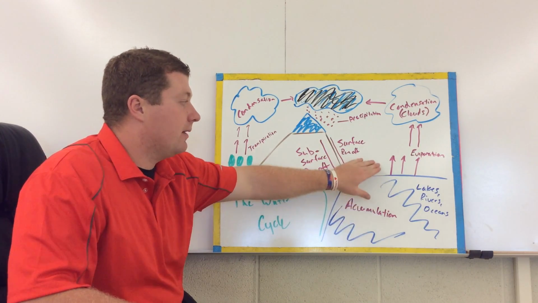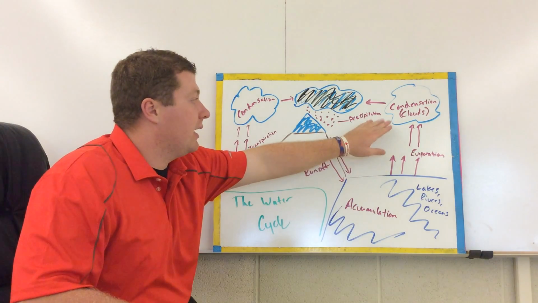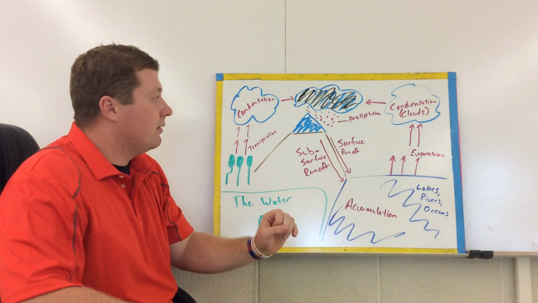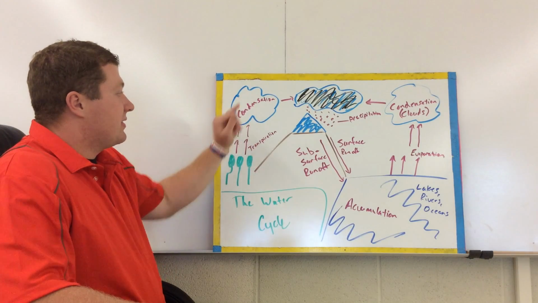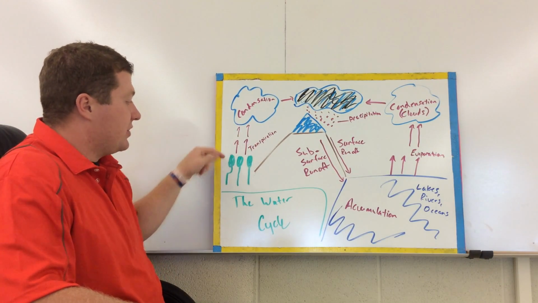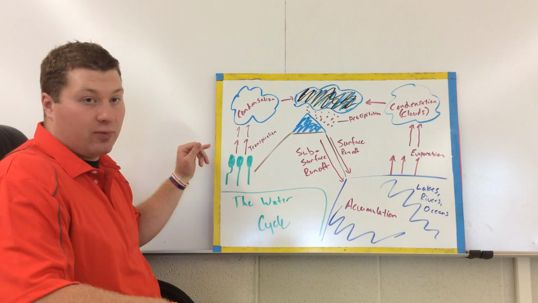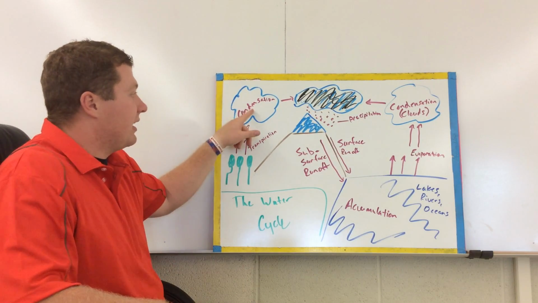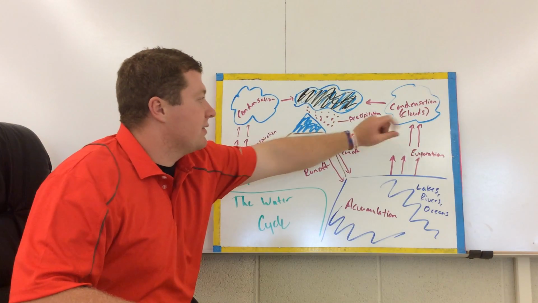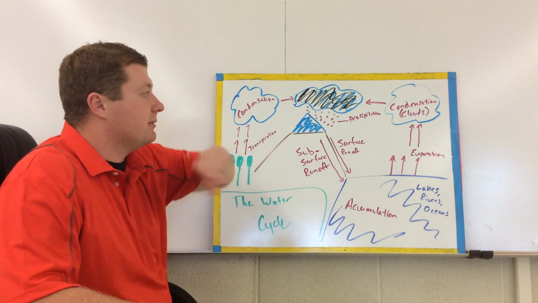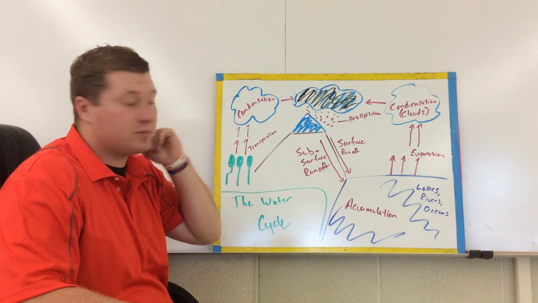Once it's there, it evaporates and condenses into clouds. Another way clouds can form is through transpiration of plants. Plants give off little amounts of water. They can condense, or they can form up into a second cloud there.